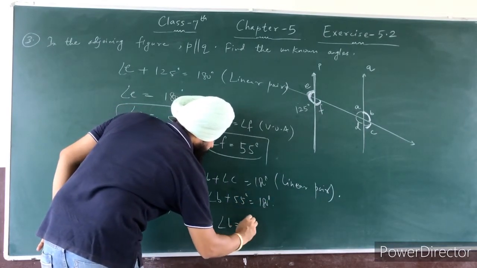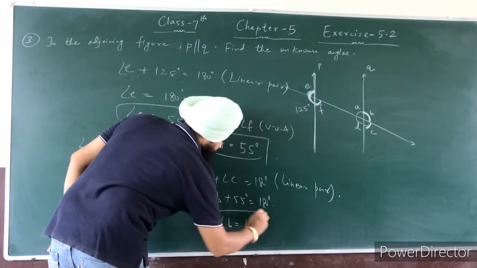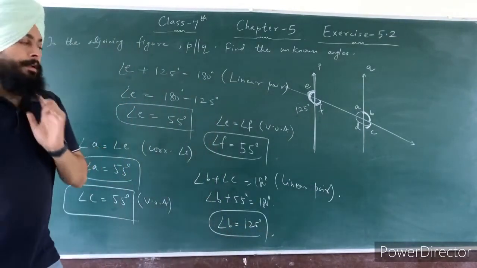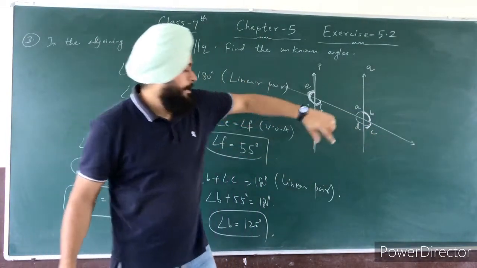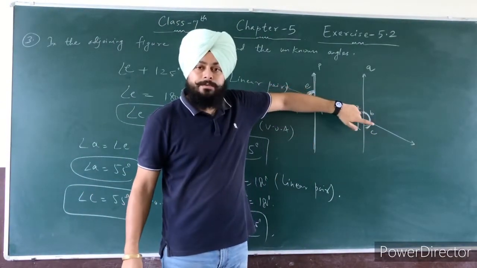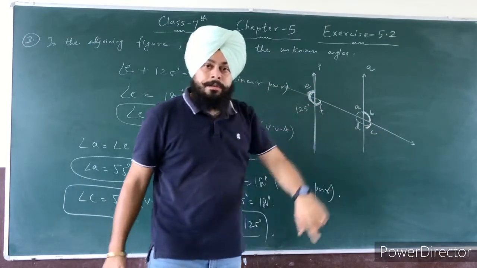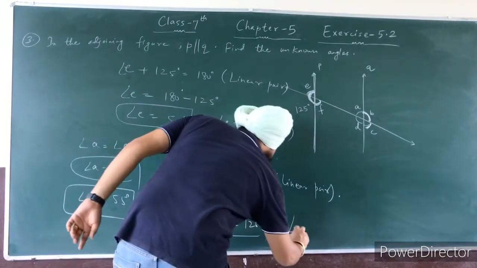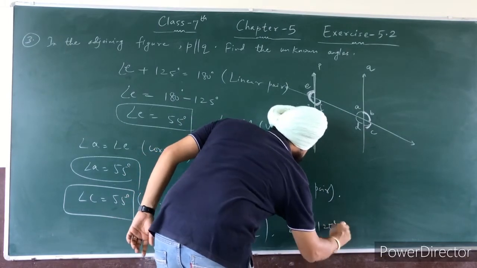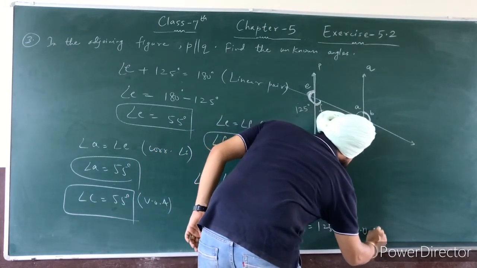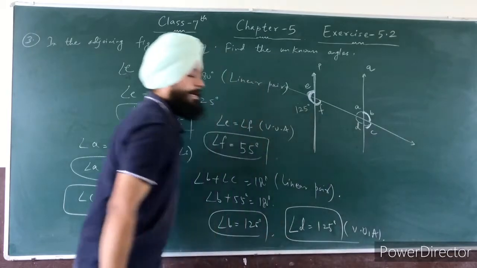Therefore angle B is 125 degrees. Now angle B and angle D are again a pair of vertically opposite angles. That's why angle D is also of measure 125 degrees. Reason, vertically opposite angles.